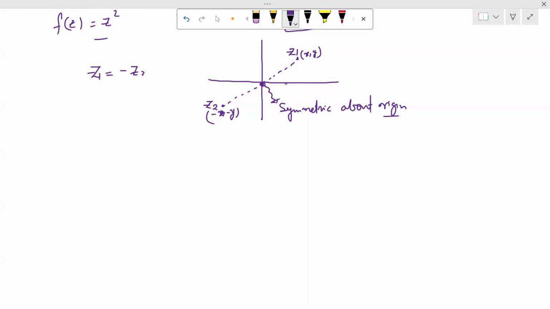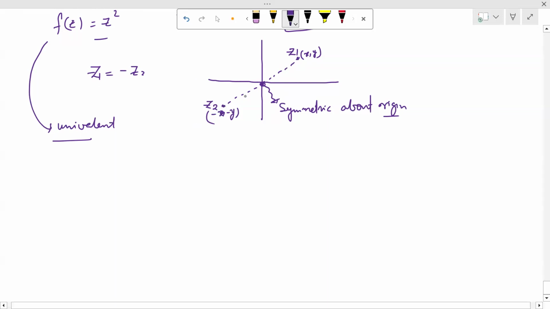So only when can you make f(z) equal to z square a univalent function? You can make it univalent only if the domain does not contain symmetric points. If it contains symmetric points, then it will not remain univalent, because if it contains Z1, the symmetric point is Z2, and this Z2 is minus Z1, so the image will be the same.